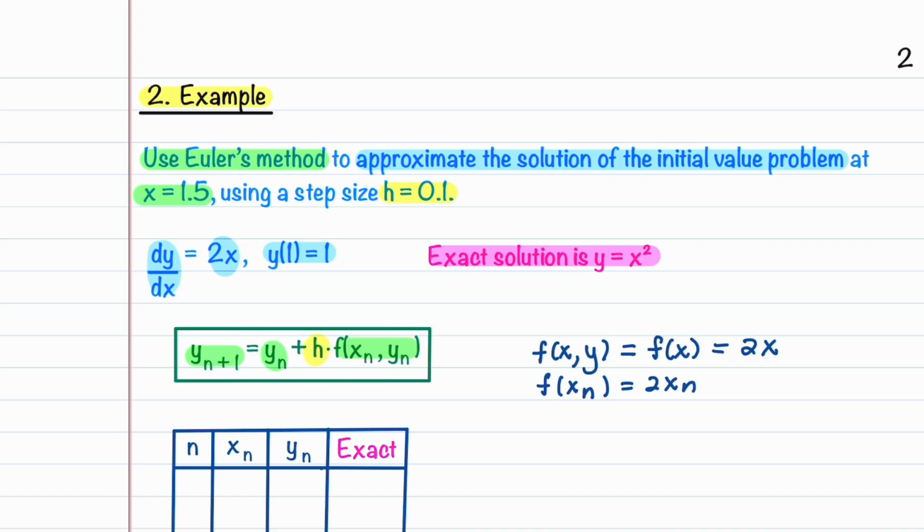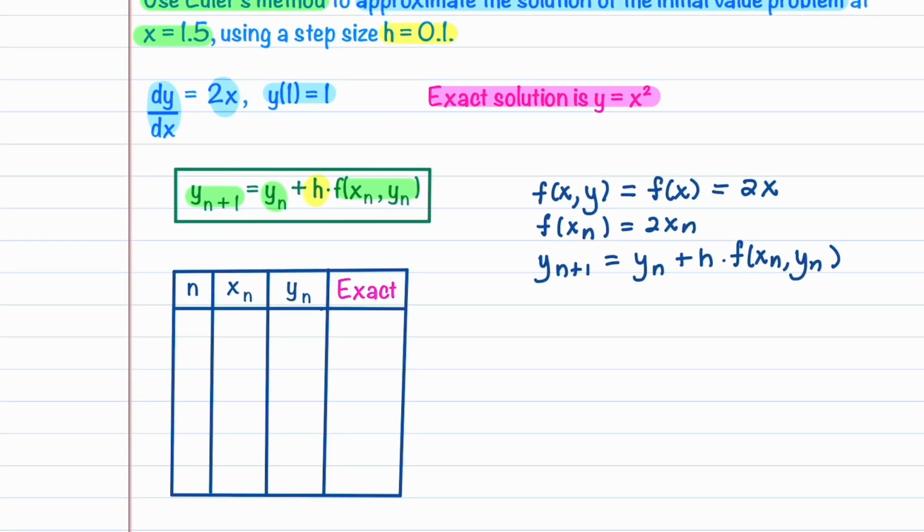Let's now plug this into our formula. Our formula is y sub n plus 1 is equal to y sub n plus h times f of x n, y n. Now let's plug in what f is.